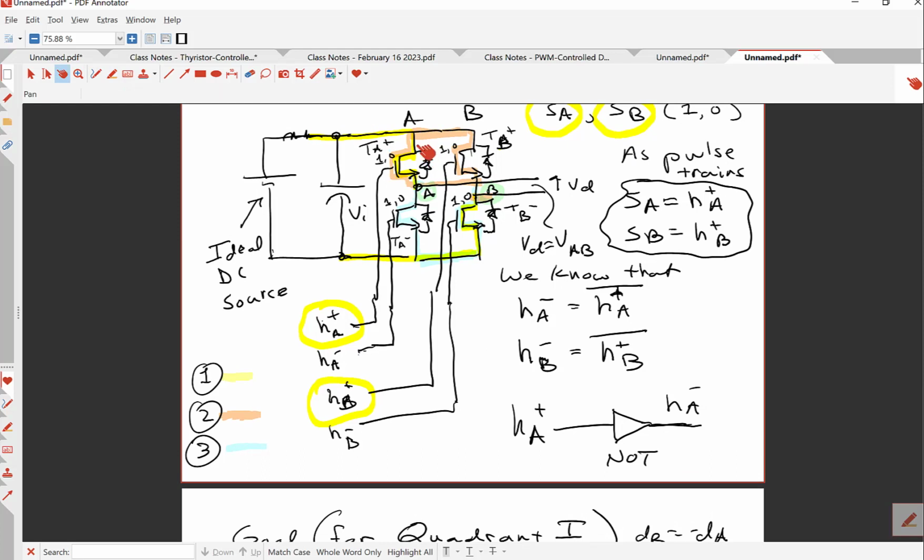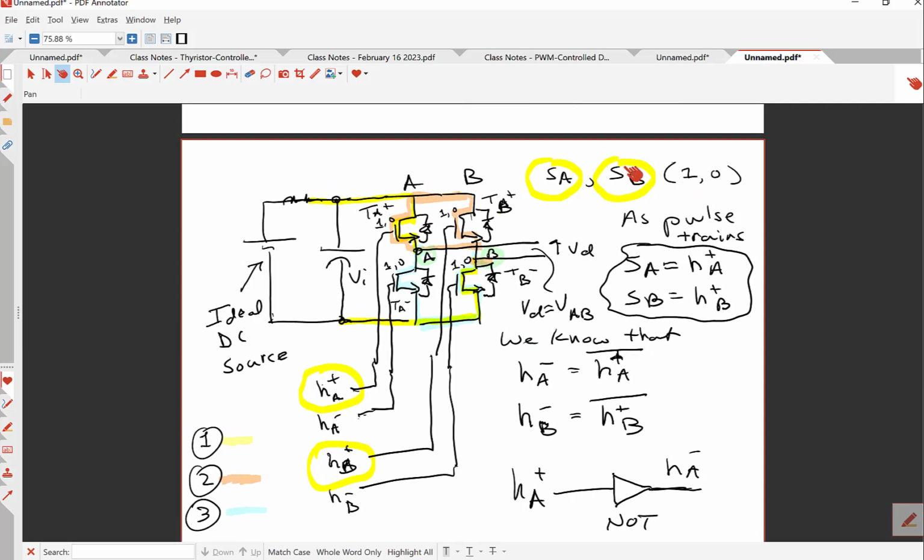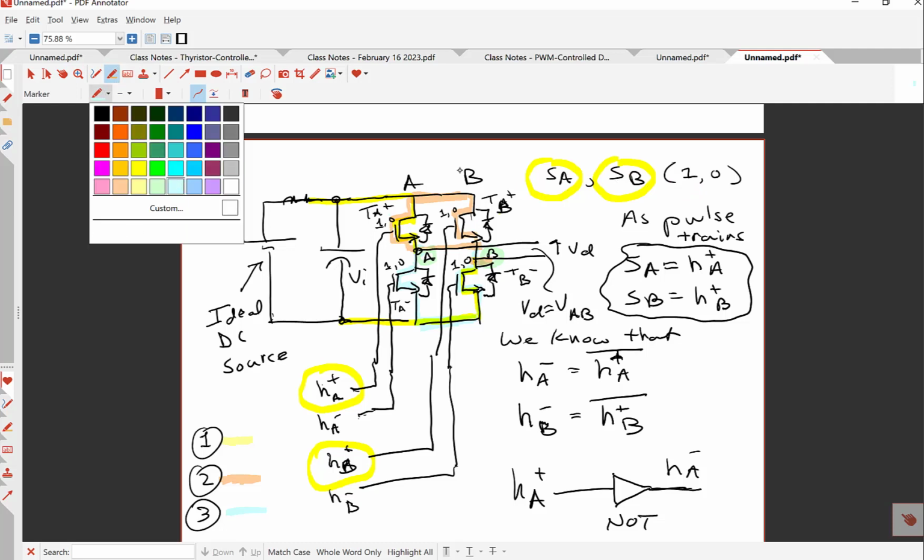At the beginning of the period, you are going to start with a state. If we use this 1, 0 for SA and SB, we can pick 1 or minus 1 or 1 or 0. It depends on how we're going to use these logic levels.